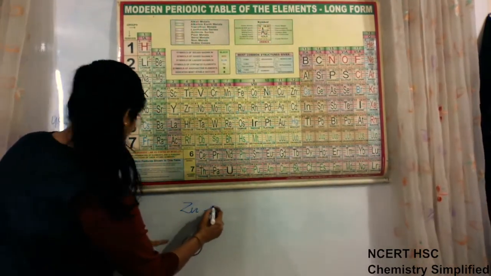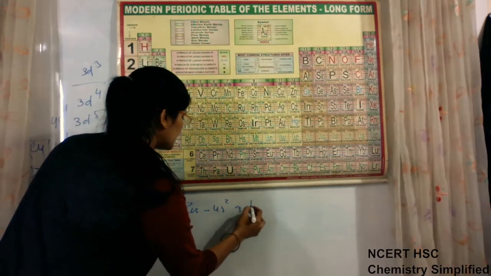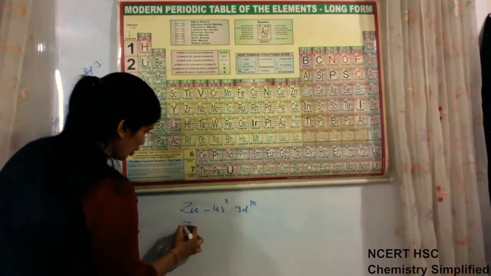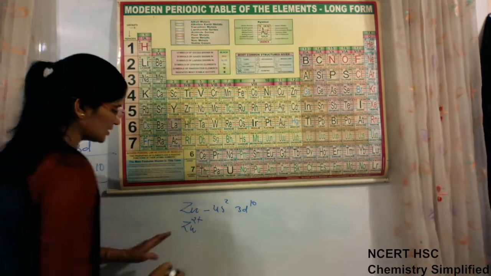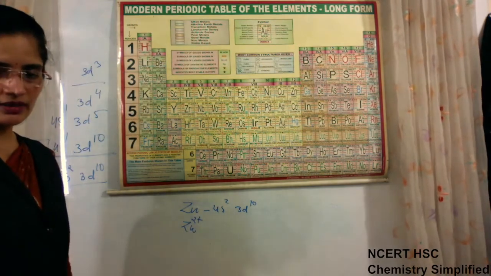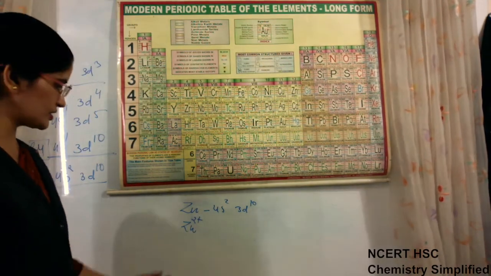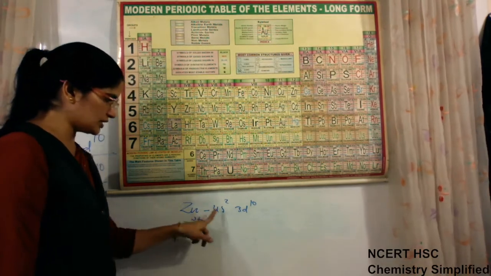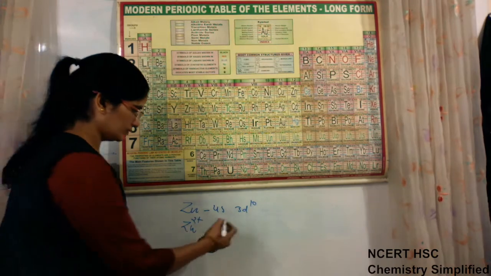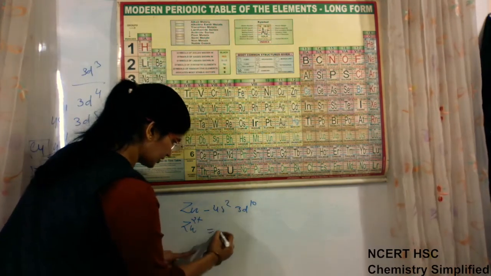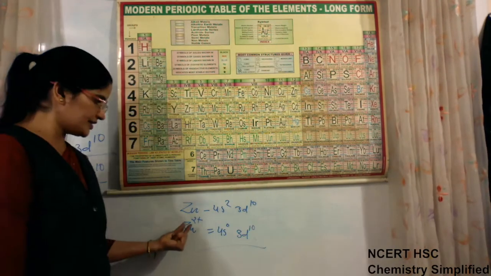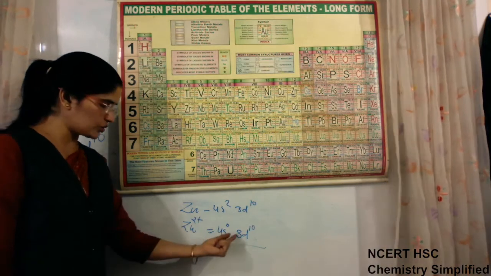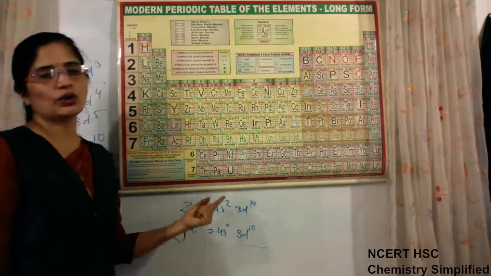Zinc is 4s2 3d10. Zinc's oxidation state is Zn2 positive. We have no other oxidation state for zinc. Zn2 positive is the only one. So 2 electrons are lost from s and its configuration will be 4s0. Its oxidation state also has a completely filled d orbital.